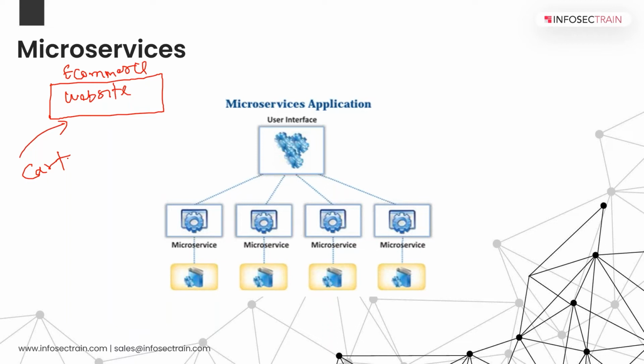Then there will be one service for your payment function. Then we can add your ordering system service, how a user will order different products from this particular website.